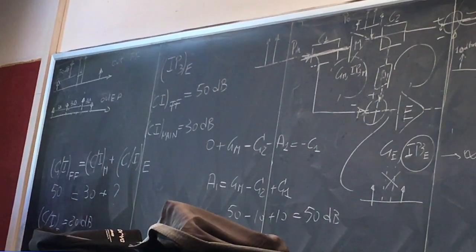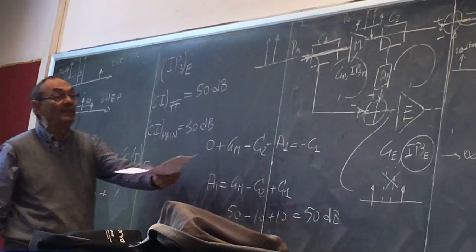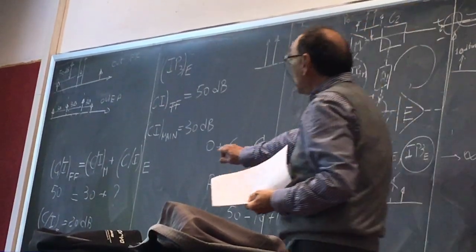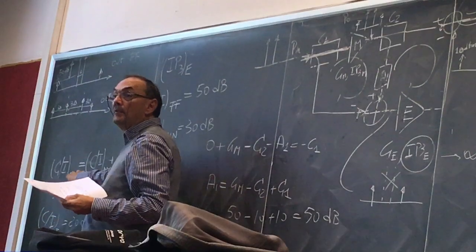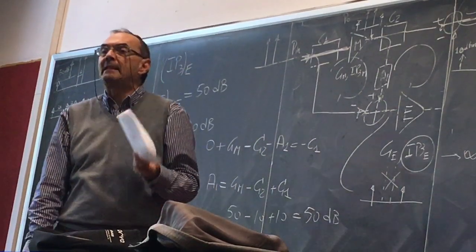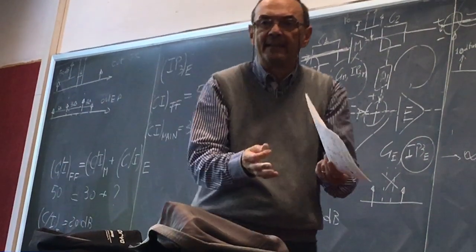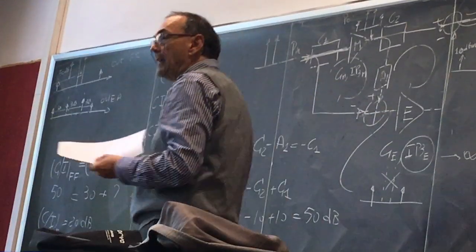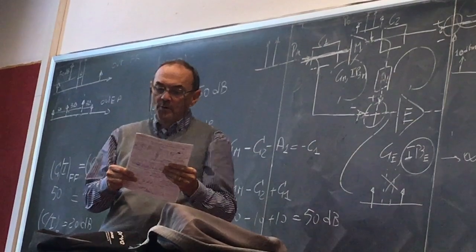Now we can evaluate what is the IP3 of the error amplifier. This is the carrier to intermodulation of the error amplifier. But what is the IP3? Obviously, in order to select the device, we have to know the IP3 of our device.